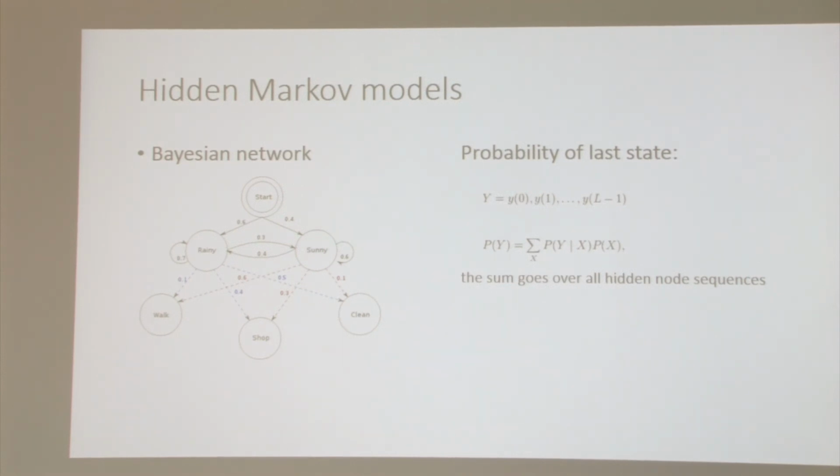But we can calculate the probability of the value based on where we were and how we could get there, like the sum of all the possible paths. And if this is really not probable, then we will say that it's probably a faulty measurement.